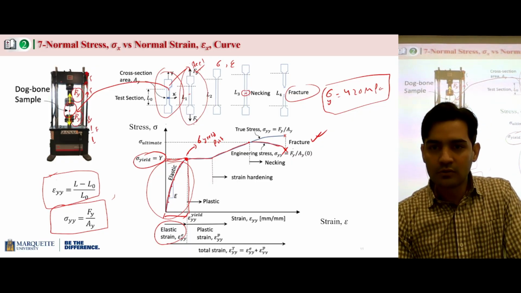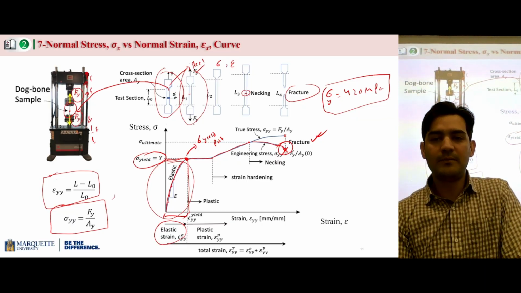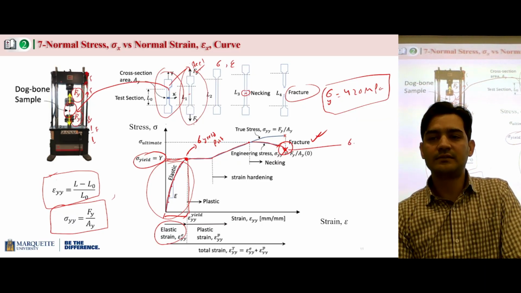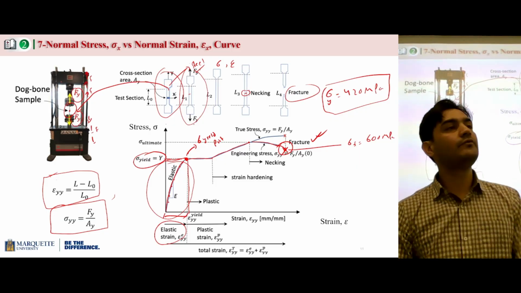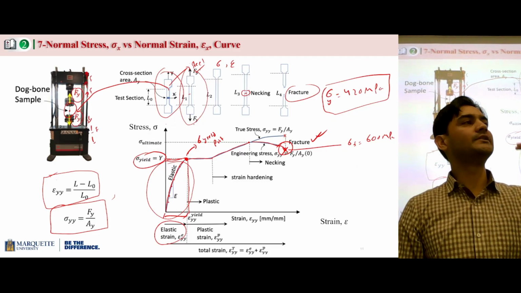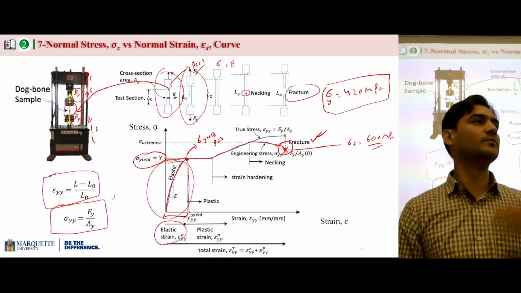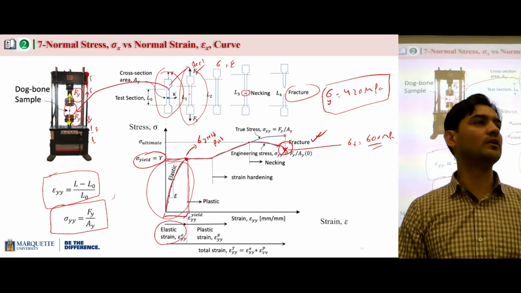And also, this point is called the fracture point. And maybe this stress is, let's just say, 600 megapascal. So if you keep on increasing the force, it's going to keep on increasing stress. And if the stress increases to this point, then the material will fail, this particular material.